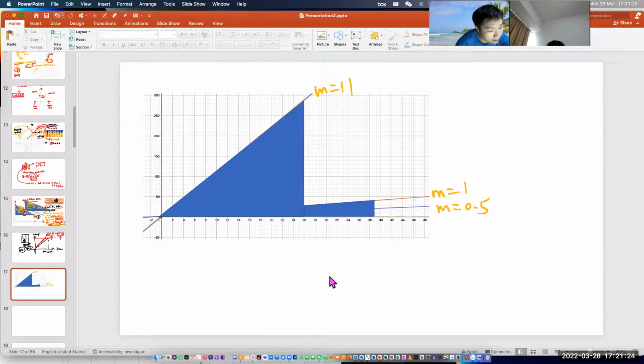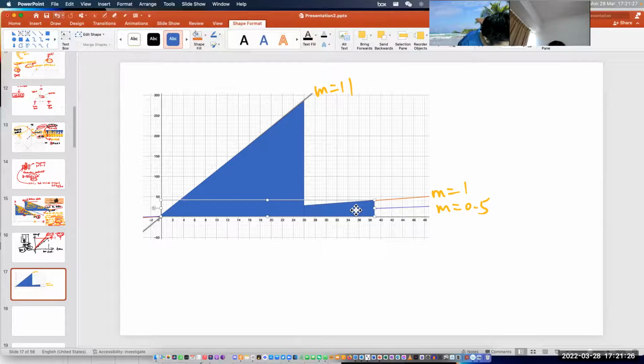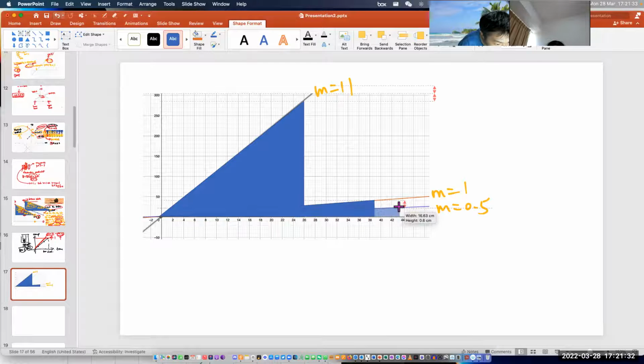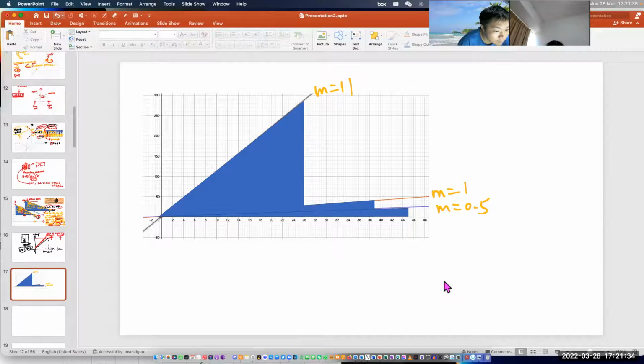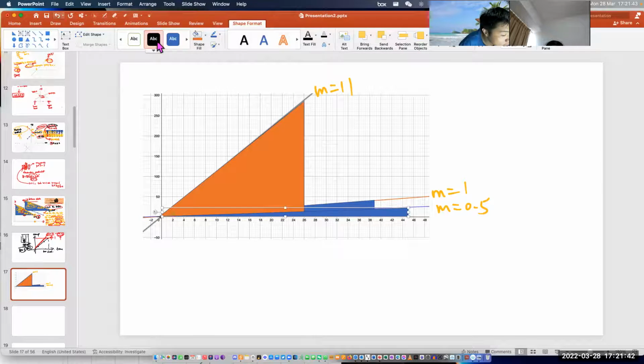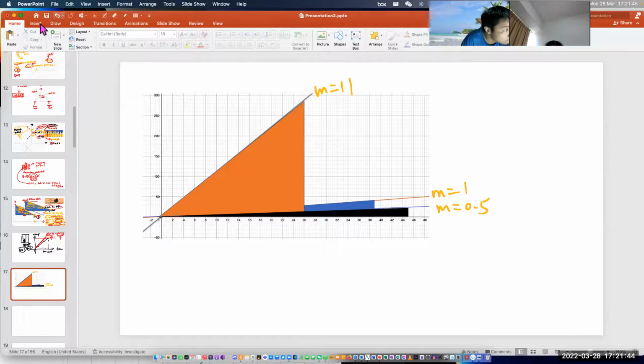Okay, and compare this to our m equals to 0.5. What do you observe? We change the color. What do you observe?